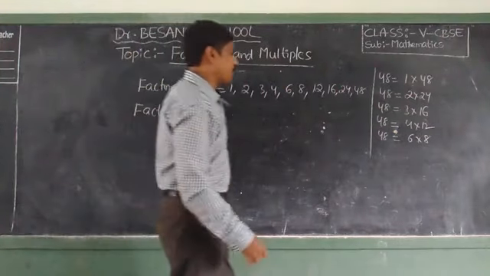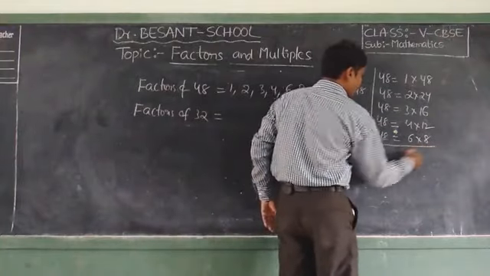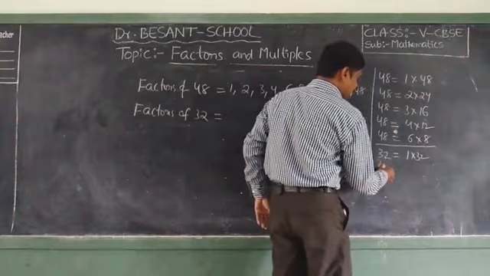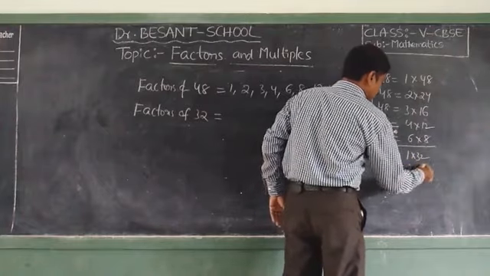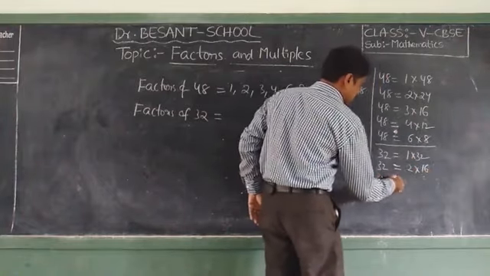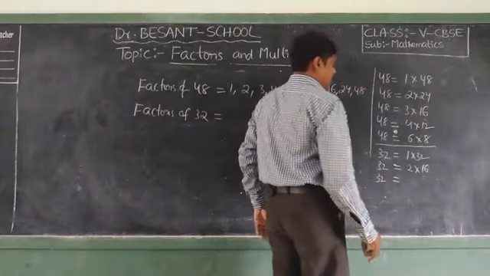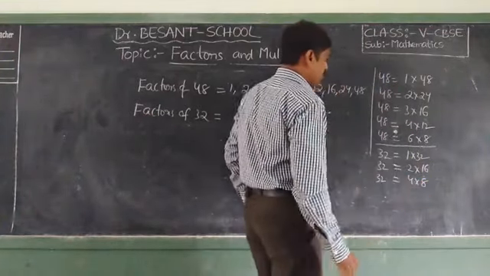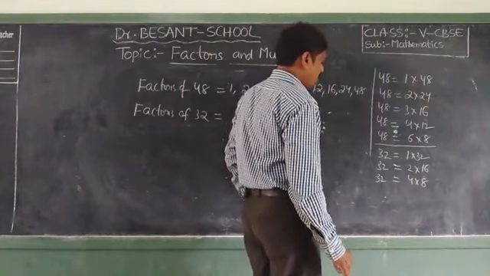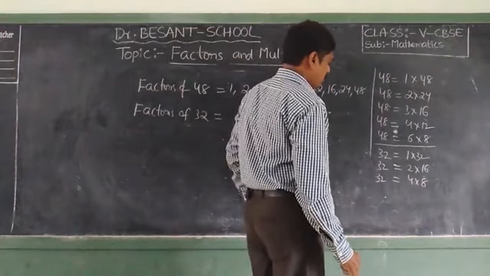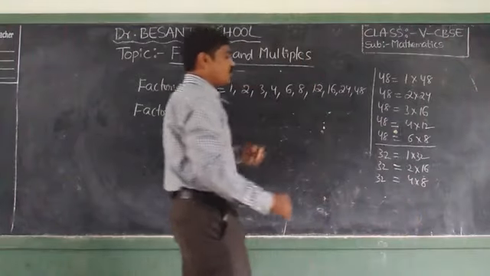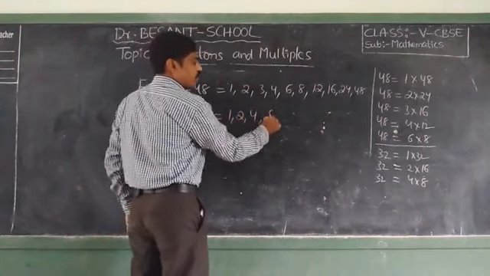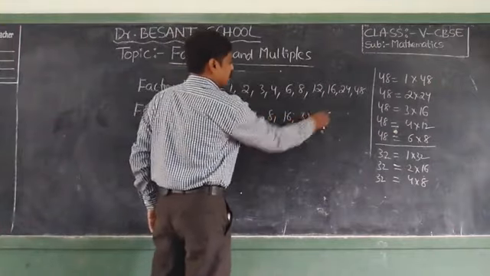So factors of 32. 1 32s are 32, 2 16s are 32, 4 8s are 32. So 1, 2, 4, 8, 16, 32.